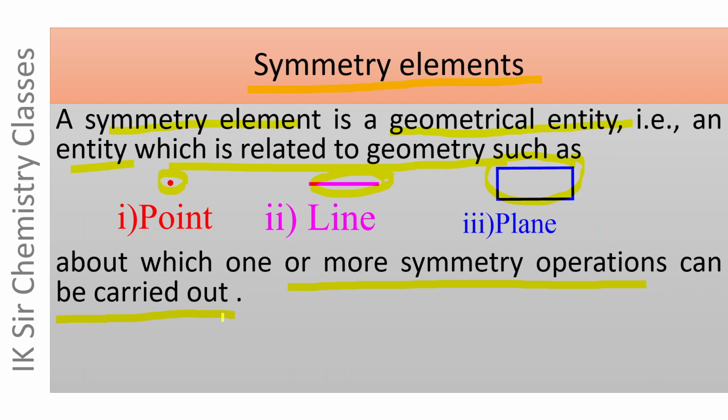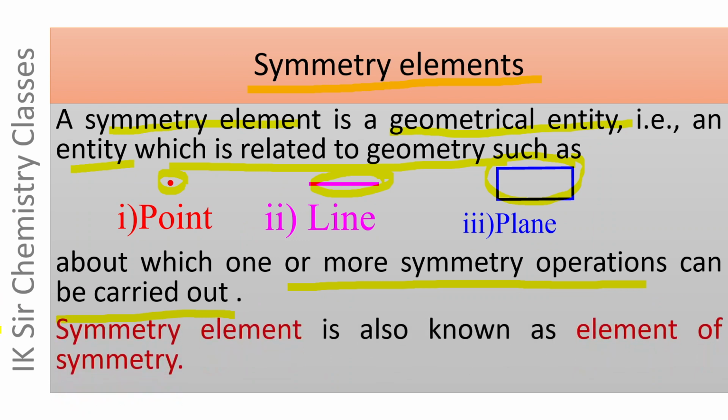Symmetry element is a geometrical entity such as a point, line, or plane about which one or more symmetry operations can be carried out. Symmetry element is also called element of symmetry.